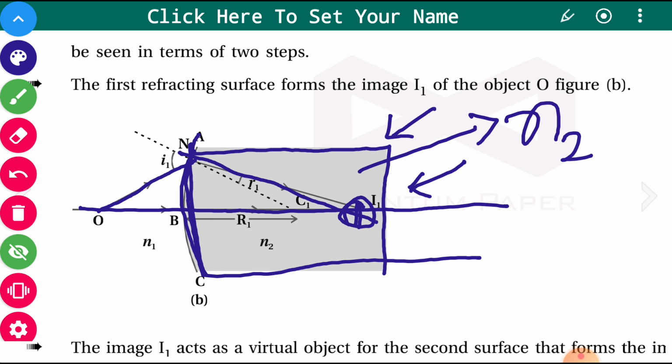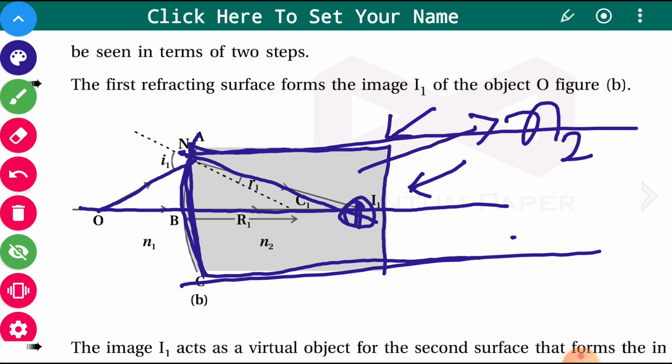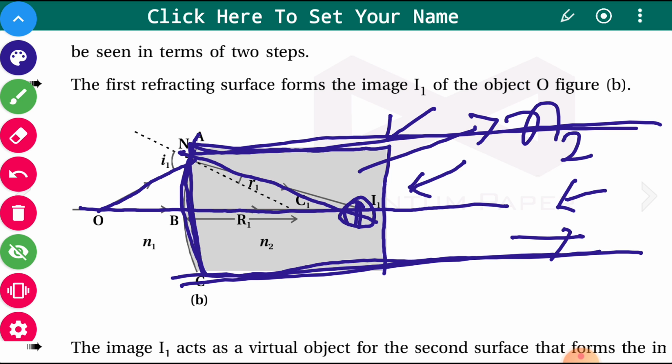Say for example, as you know, the lens is made up of glass, then this whole medium is glass. We imagine that there is only one medium made up of glass, whose refractive index is n2, then the image will be formed here.